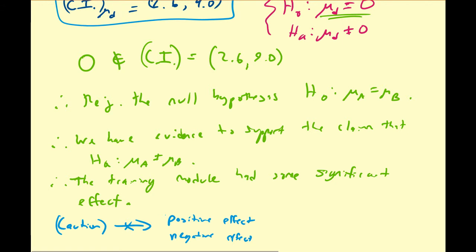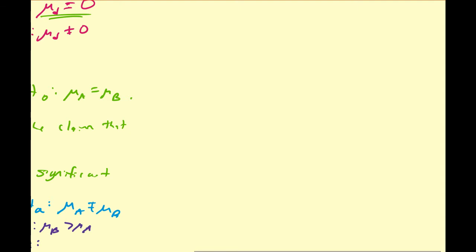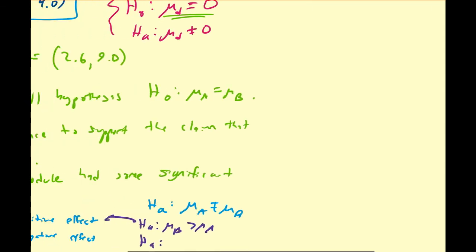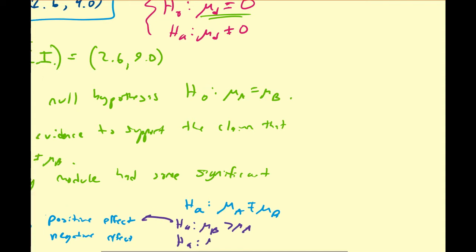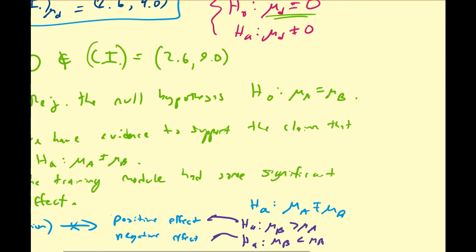The reason it doesn't imply either of these is because we used a two-sided alternative, namely mu A does not equal mu B. If we were to use an alternative, say mu B is greater than mu A for the positive effect, or mu B is less than mu A for the negative effect, then we could come up with those conclusions.